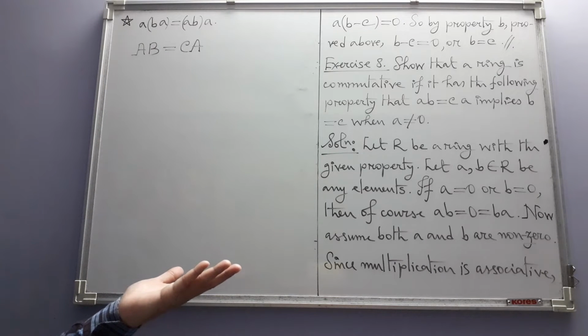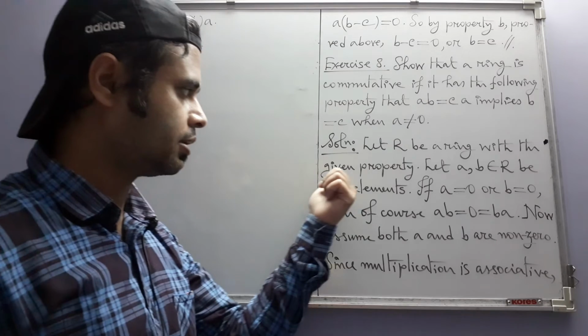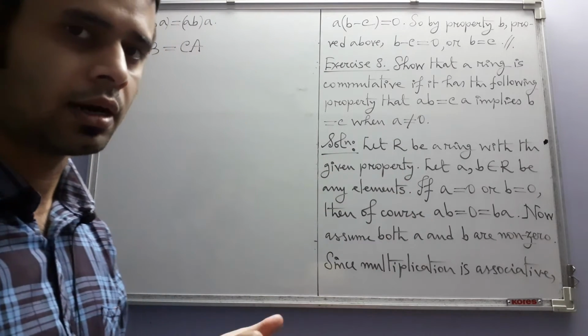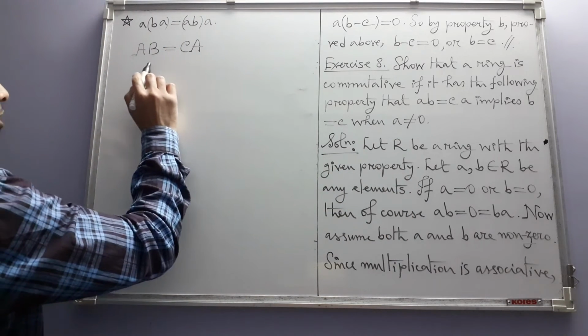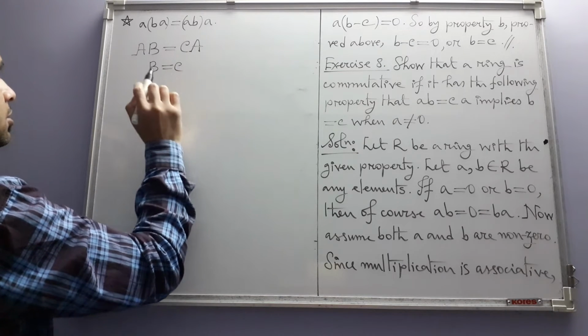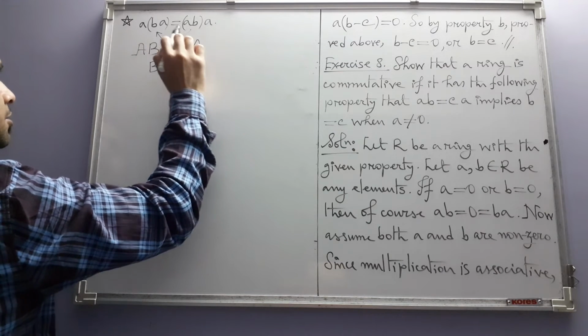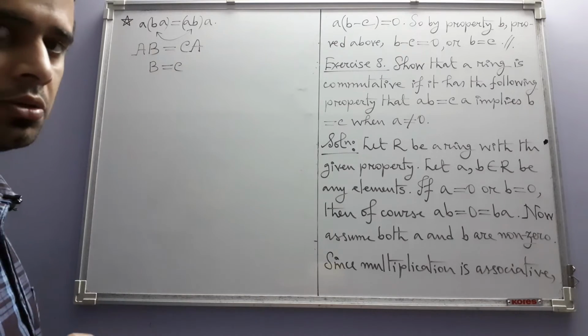So by our hypothesis that the given property is true in R, B must be equal to C, that is these two things must be equal. BA must be equal to AB.